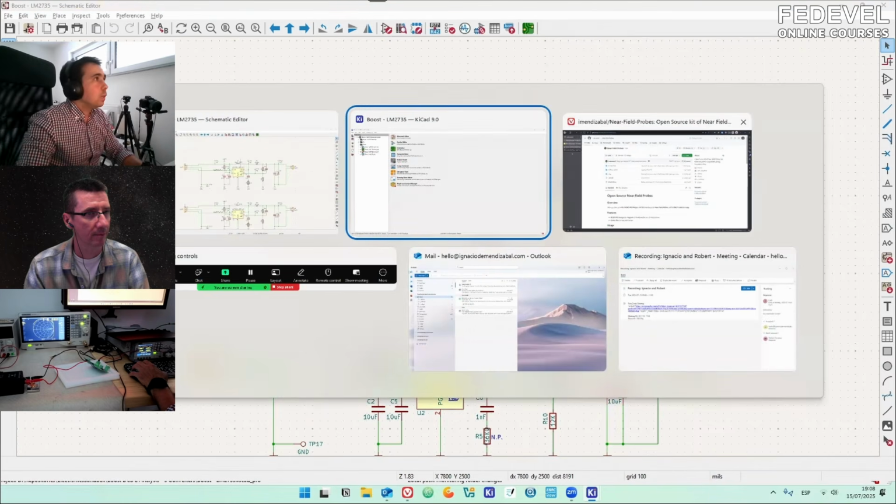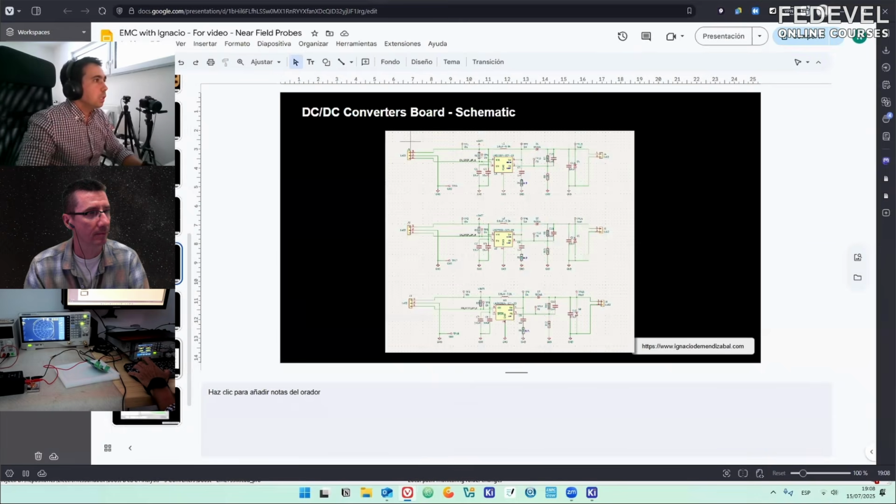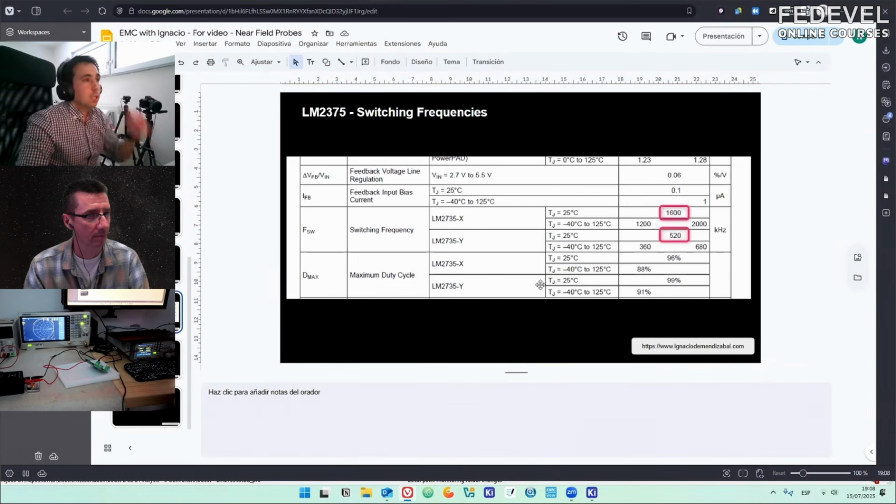What is really interesting for us today is that if you go to the datasheet, these switching converters generate a switching signal, and they have completely different frequencies. One is working at 1.6 mega, and the other one is working at 500K.